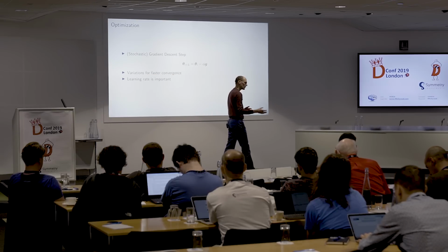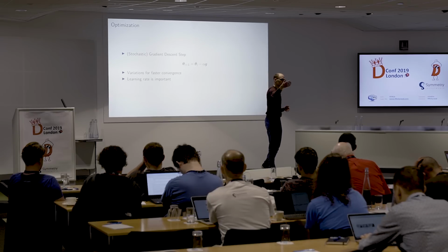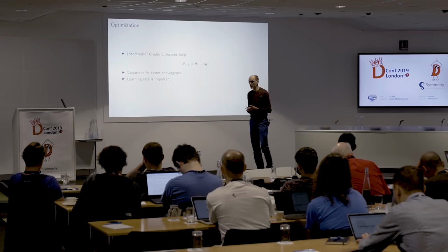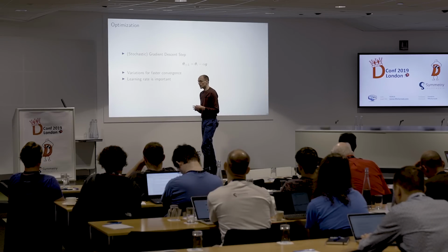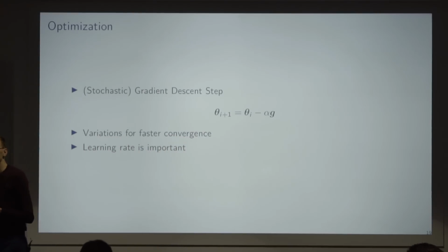Let's say you're already close to some minimum, and you have a huge learning rate, then you jump over it, right? And so you might not converge at all. But you also do not want it too small, because then you have too many steps to make. That is inefficient, right? So somehow you have to tune this.